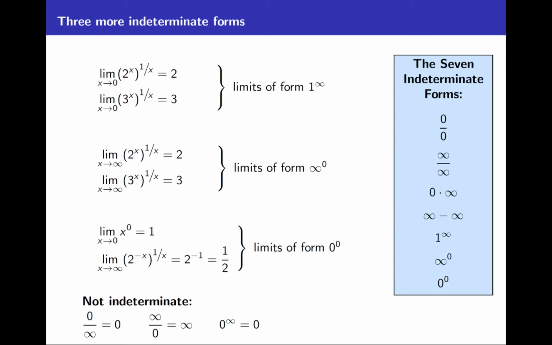It's 0. Infinity to the power of 1 is infinity. That's not indeterminate. Likewise, infinity to the power of infinity, you can reason out, is infinity. And 1 to the power of 0 is 1. That's not indeterminate.